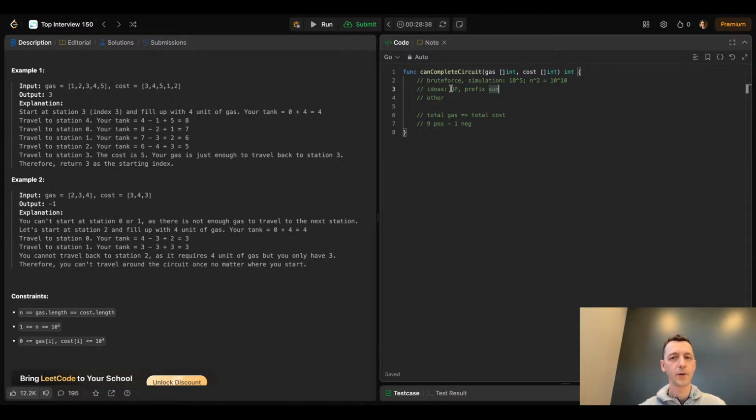I also really want to try dynamic programming. But since we have a circle, does that really stop us from using dynamic programming here? The start, which is the end, also changes.